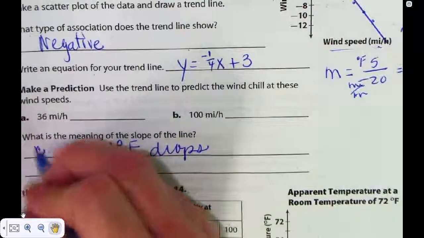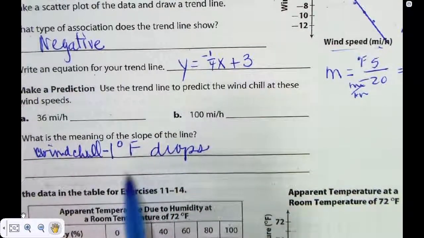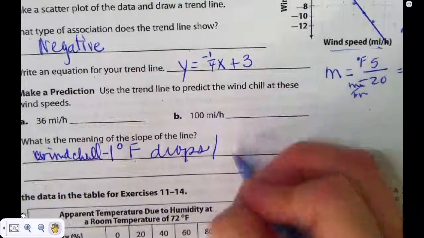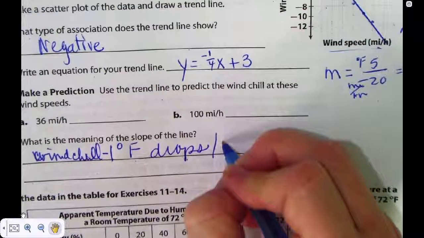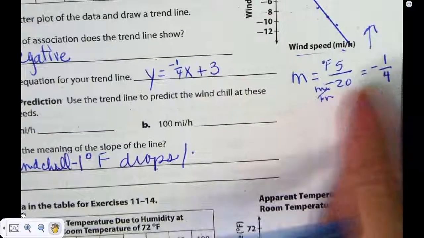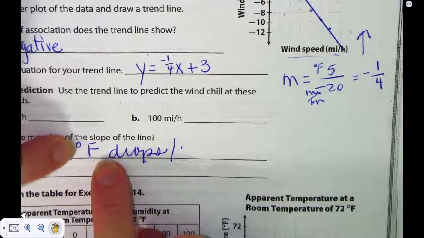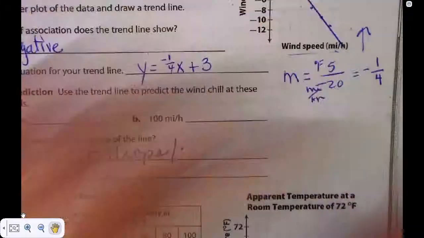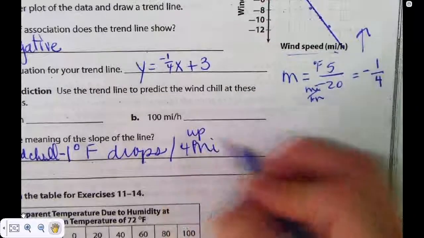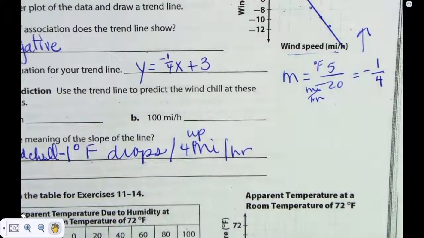Let's put wind chill. For every 1 degree it drops, what happens to the wind speed? It goes up 4. It increases 4 miles per hour. The wind.